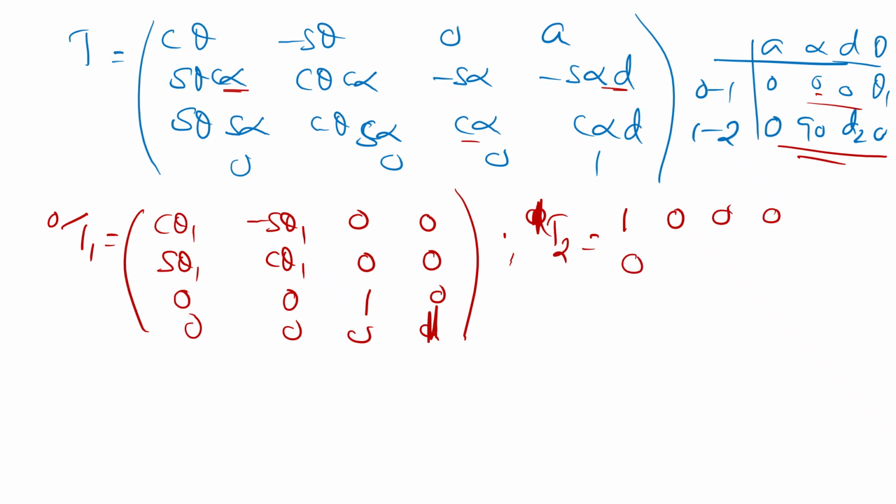Cos theta is 1, but cos alpha is cos 90, so it is 0. Then minus sine 90, and sine 90 is 1, so it is minus 1. Then your D2 is there along with sine alpha. Alpha is 90, so sine 90 is 1, so minus D2. Okay.